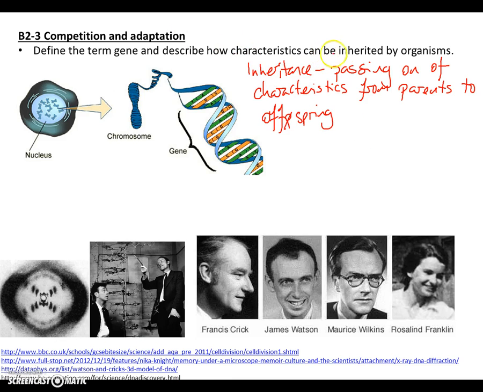And how that happens is via genetic material. So if you take this as a model of the cell, you've got the outside of the cell here, and then in the center you've got the nucleus.